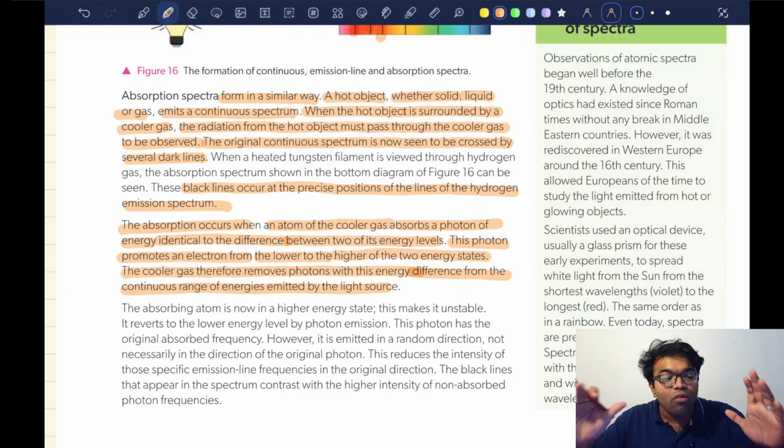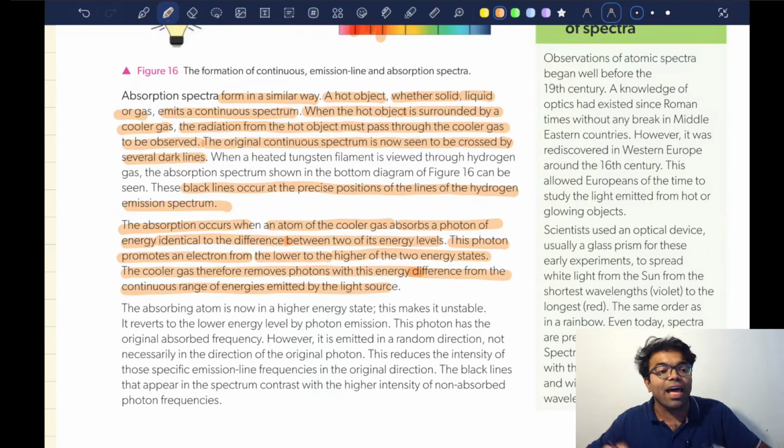So that is why we have these discrete lines. Okay, understood? So this is proof that there are certain energy levels around the nucleus of an atom. It is proof.